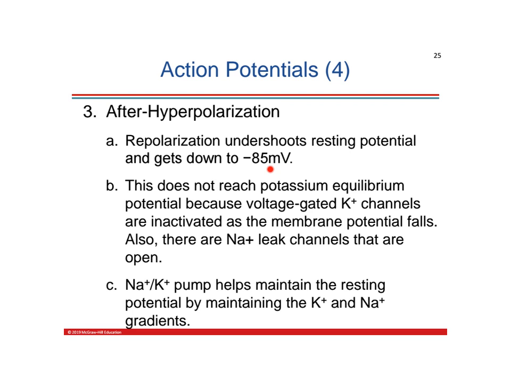Because there are still other permeabilities. There are leak channels for sodium and leak channels for chloride. And both of those have equilibrium potentials that are depolarized relative to the equilibrium potential for potassium. So you'll never quite reach negative 90 millivolts, no matter how many voltage-gated potassium channels you have open.